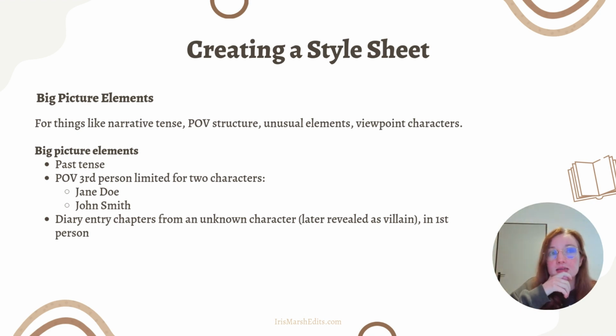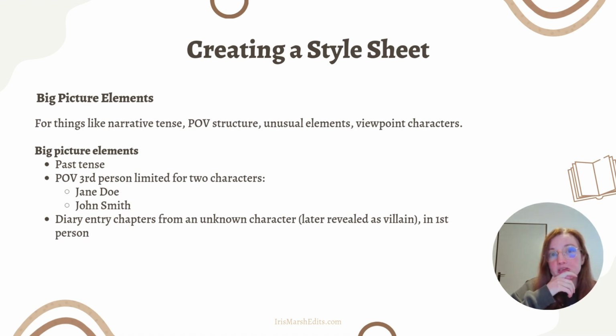And then if there is anything unusual, for instance here in this example, there are diary entry chapters from an unknown character who was later revealed as the villain, and these diary entry chapters are in first person.